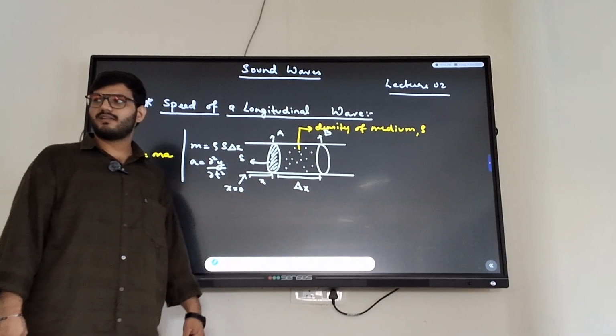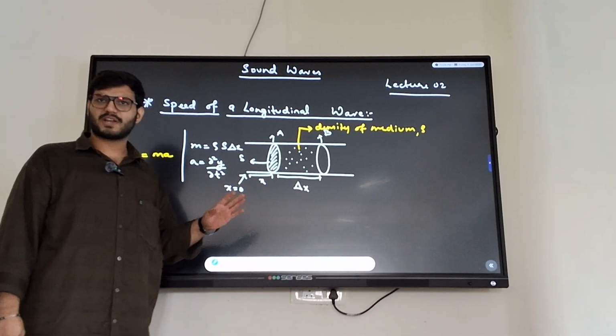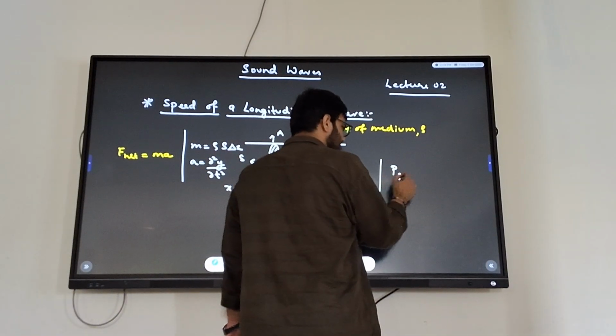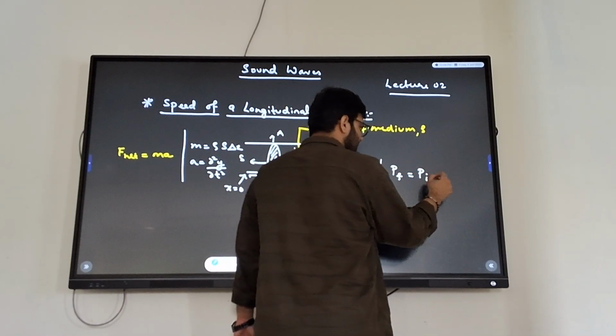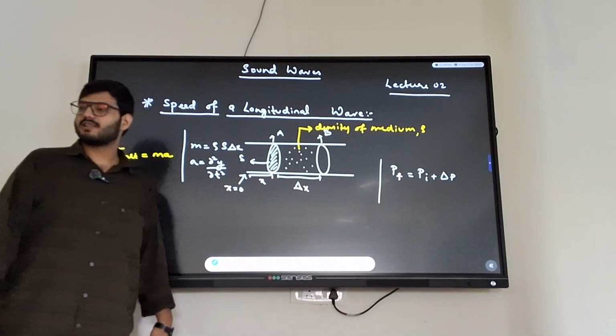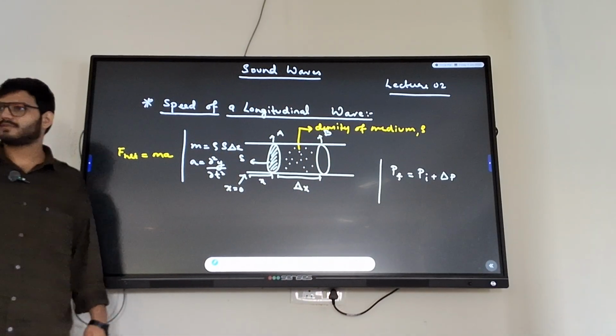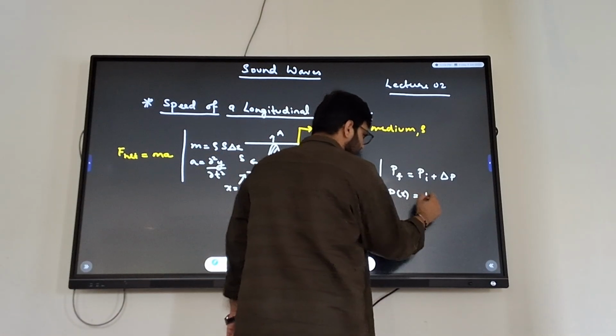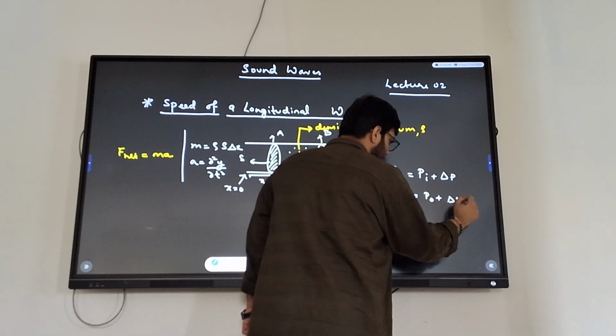And we have some information about pressure. Do you remember I wrote this last time, that the final pressure of the medium is P initial plus delta P. And I assume that P initial is P naught. Then what is the pressure of the medium as a function of x? That's P naught plus delta P as a function of x.